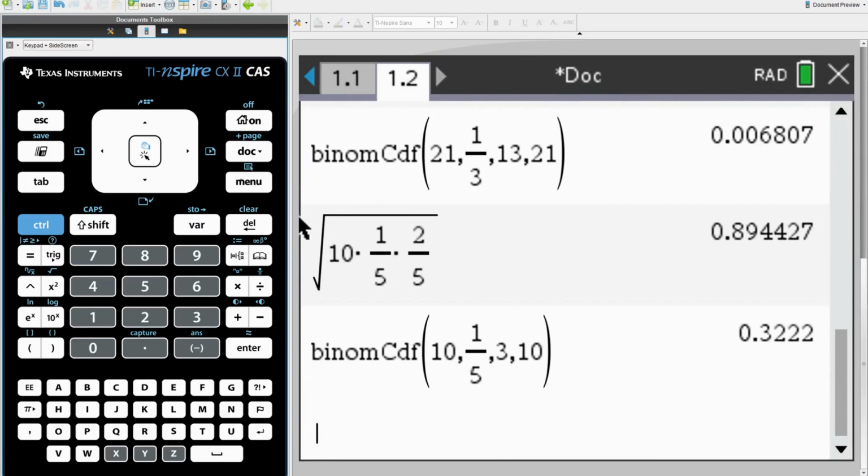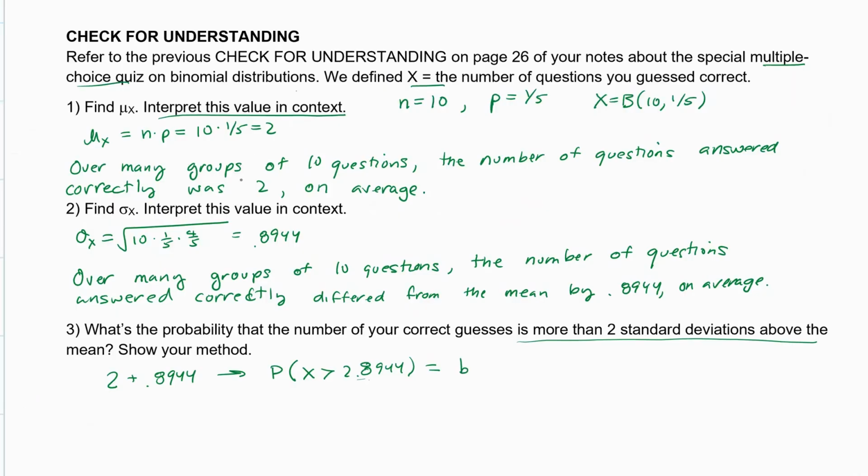And we would want to put onto our paper this binomial CDF command, 10, 1/5, 3 to 10. And that happened about 32% of the time.